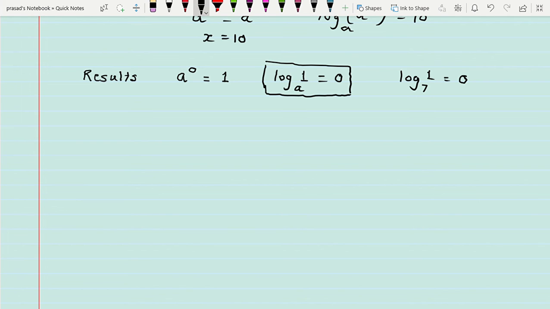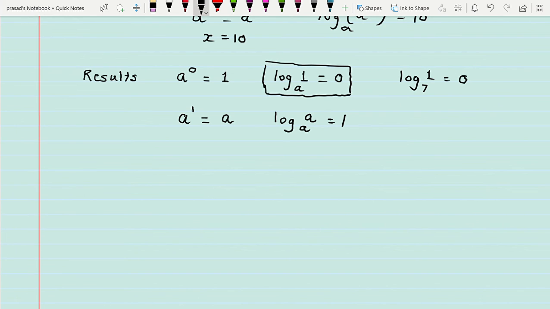Secondly, anything to power 1 will be what? It is the same number. A to power 1 is equal to A. So if I change this to log form, what will I get? Log of A to base A is equal to 1.